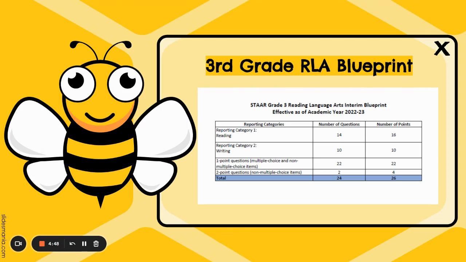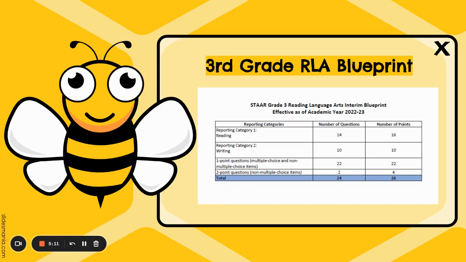The interim does contain some of the new item types, but it will not have any SCR or ECR questions where the kids actually have to type a response. That's because right now TEA doesn't have anybody that would be able to score those. And I guess thankfully they didn't want the teachers to have to score all of those ourselves.